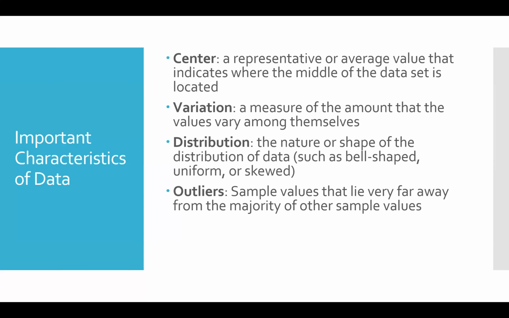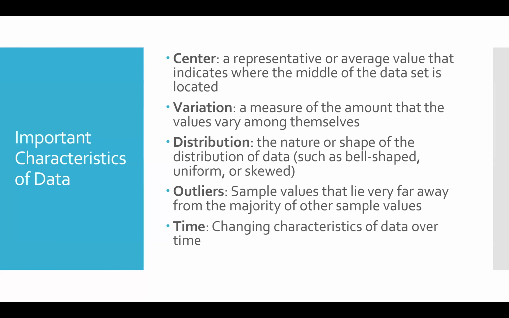It's not with the rest of the group. An outlier can occur either on the low end or the high end, or you could have both. It's important to recognize that you have outliers because they can influence or affect the values you have for the center and the variation.